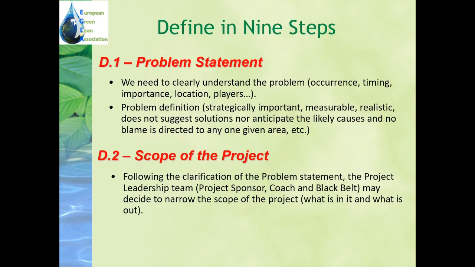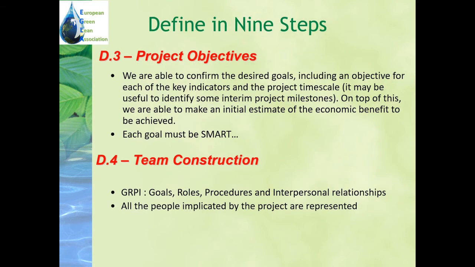There are 9 steps in the define stage. First one is to make a problem statement. Second one is to scope the project. Third one is to put objectives and goals for the project. Fourth, construct a team.